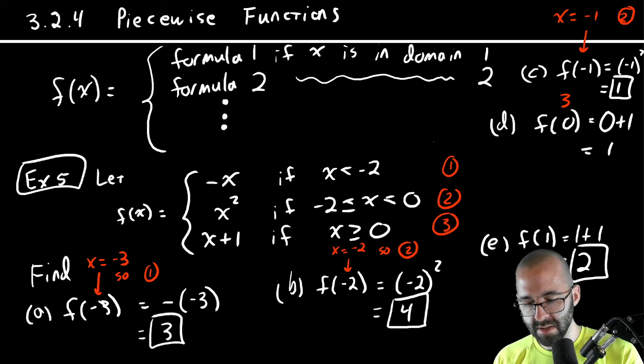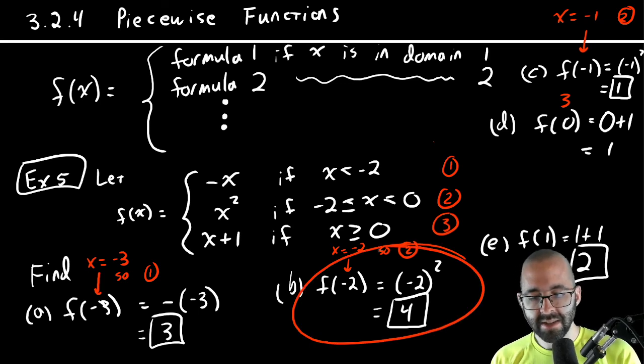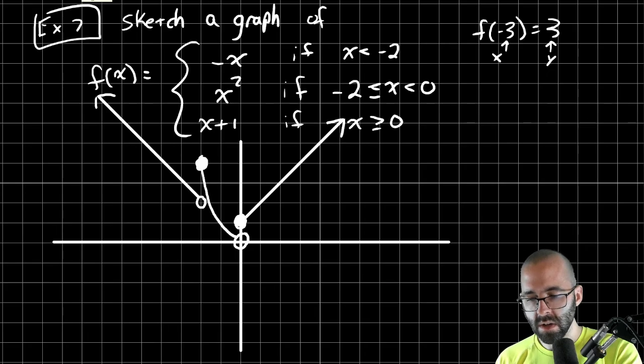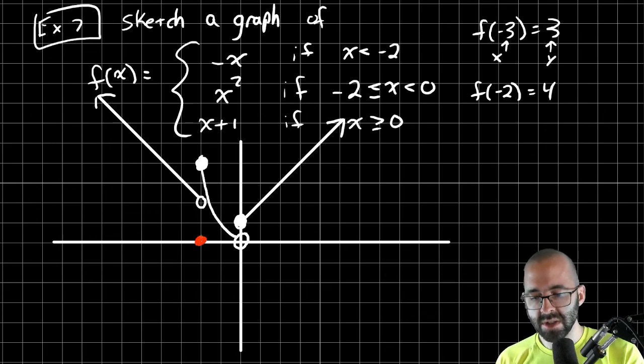What else did we say? When x is -2, y is 4. We'll look at when x is -2, what's the y coordinate here? We're on the graph up here. -2, 4 is on the graph.